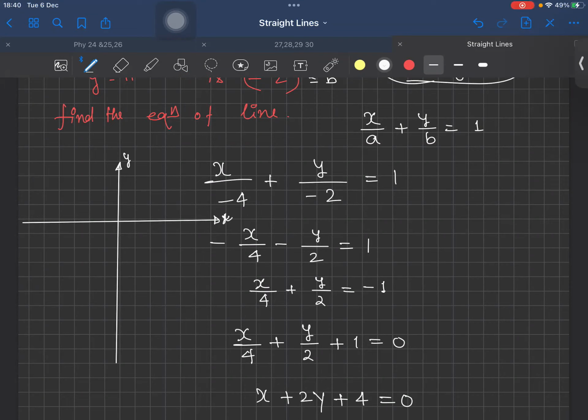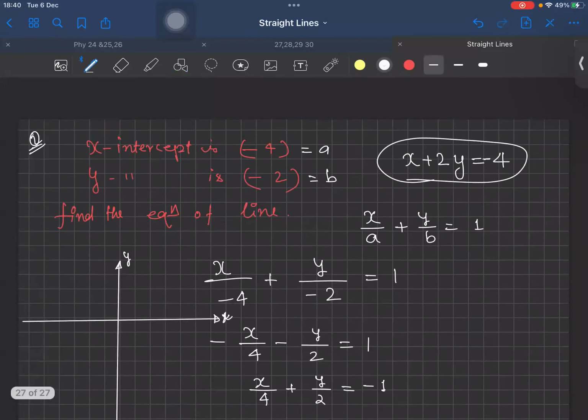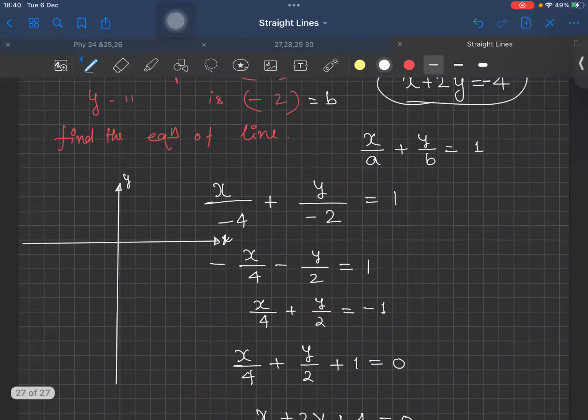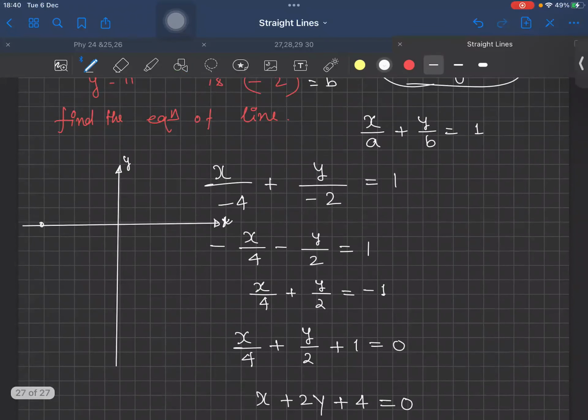And in the second quadrant. Okay, let's see. So -4, 0. X is minus, so one point is this, -4, 0. And one point is 0, -2. So the line will pass through these 2 points.